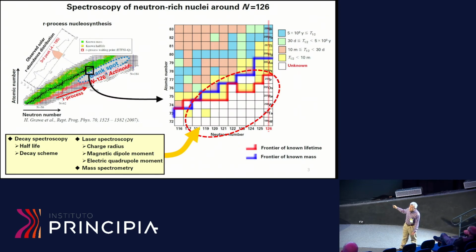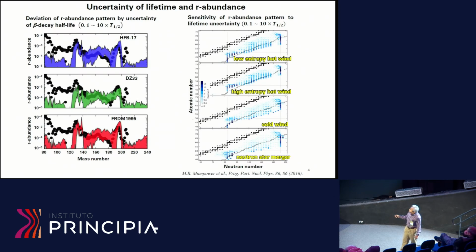So we will produce those nuclei and perform decay spectroscopy in terms of the half-life and decay scheme, and laser spectroscopy for the charge radius, magnetic dipole moment, electric quadrupole moment, as well as mass spectrometry. So how do such nuclear properties have an impact on r-process investigation?